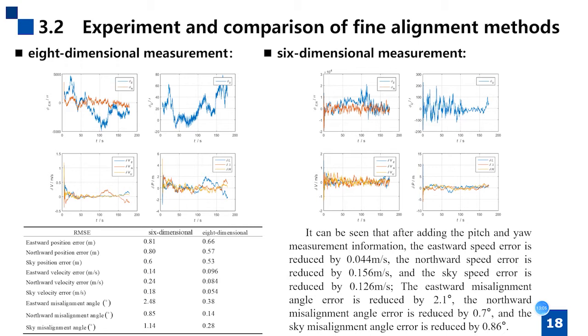The eastward misalignment angle error is reduced by 2.1 degrees. The northward misalignment angle error is reduced by 0.7 degrees, and the sky misalignment angle error is reduced by 0.86 degrees.